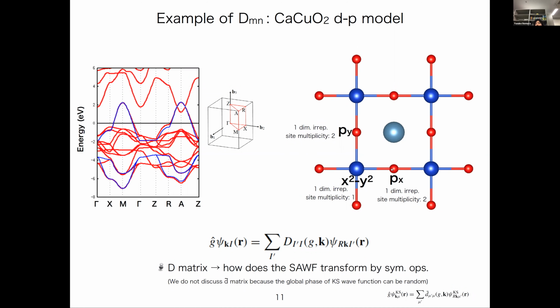But if it has a finite number of symmetry operations, in principle, we can create the symmetry adapted Wannier functions. But of course, we need to be careful to choose the proper energy window. Let me explain this in the hands-on tutorial.